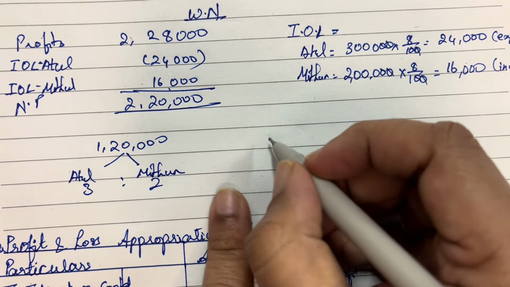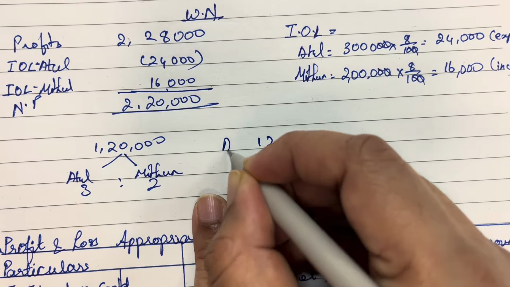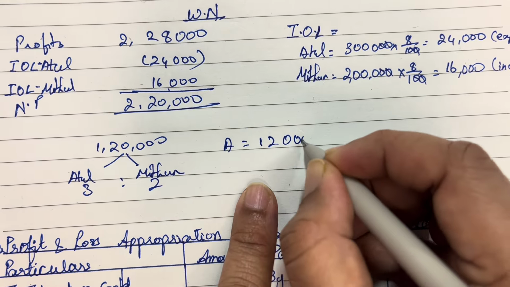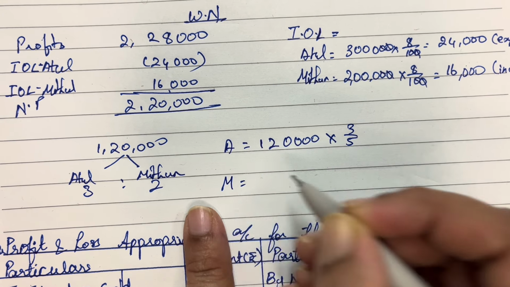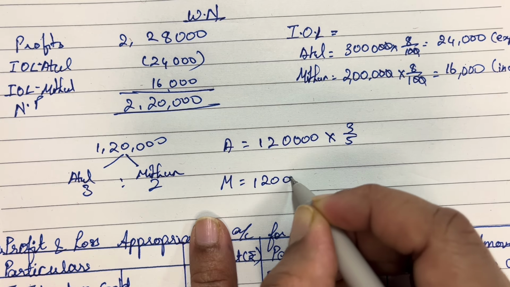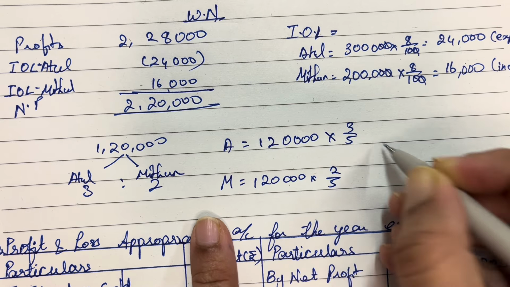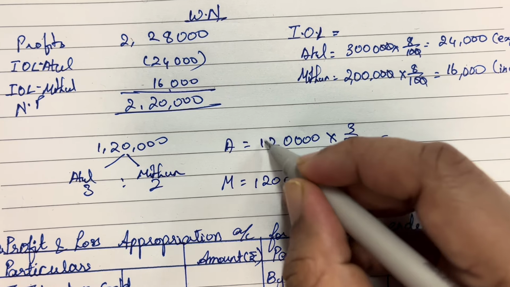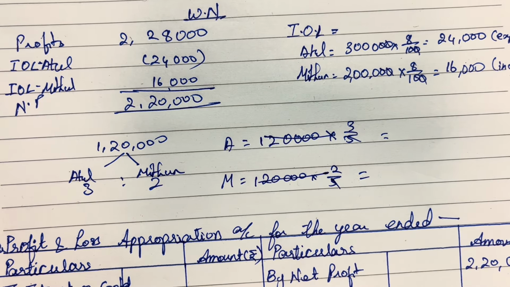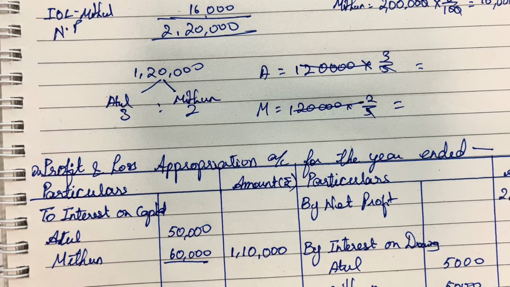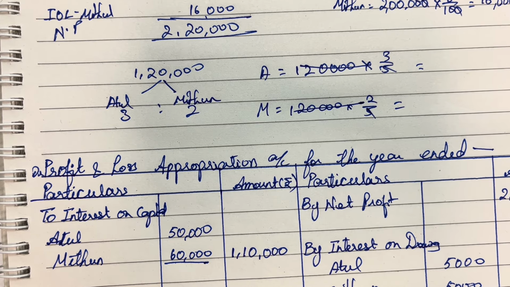So for Atul it would be 1,20,000 into 3/5, and for Mithun 1,20,000 into 2/5. Atul gets a profit of 72,000 and Mithun makes a profit of 48,000.